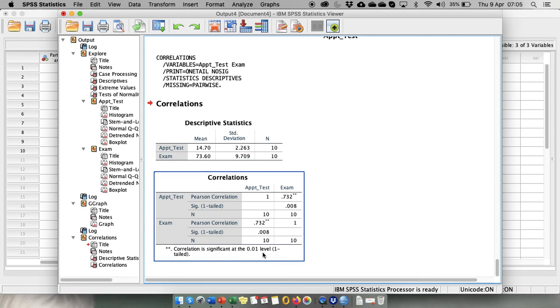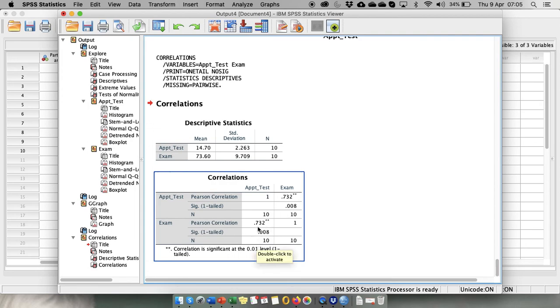And then you always get the number of participants that were used in computing the correlation coefficient. So in our case, you can see that this box is a mirror image of this box. Therefore, you only read from one side of the table, either above 1 or below 1.